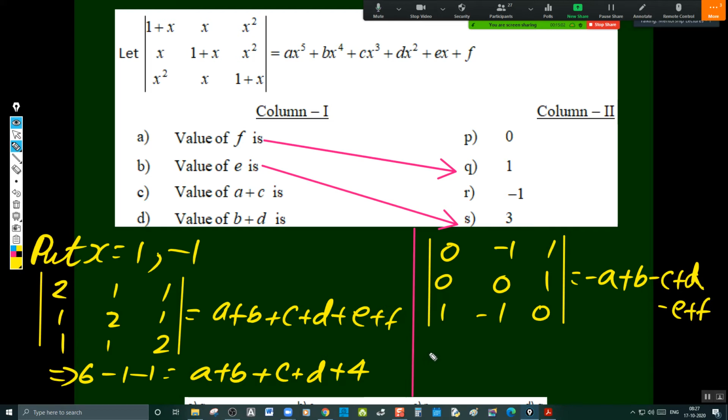Similarly, this one please. Minus 1. This is minus 1 only, no? Minus 1 into minus 1. Minus 1 into minus 1. It is plus 1. 1 into, this is also 0.